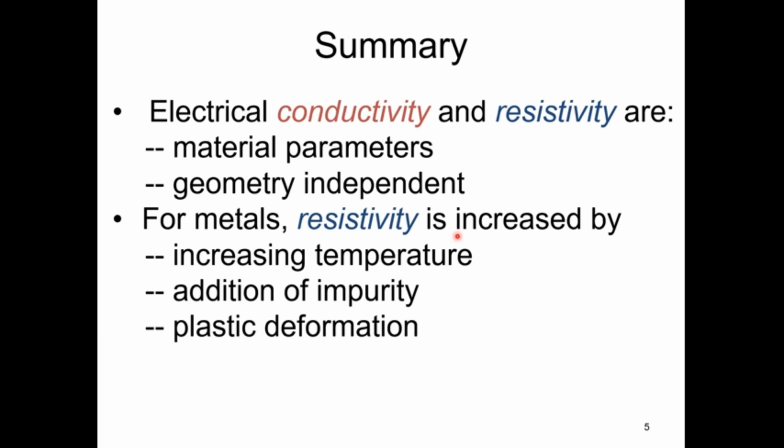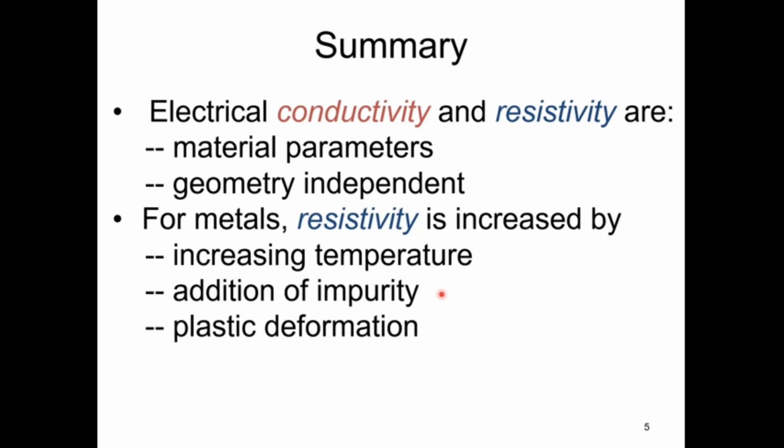The second one is the addition of impurities. For example, if we increase the concentration of nickel as the impurity in copper, this will result in the enhancement of resistivity.